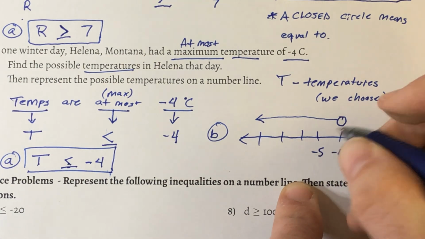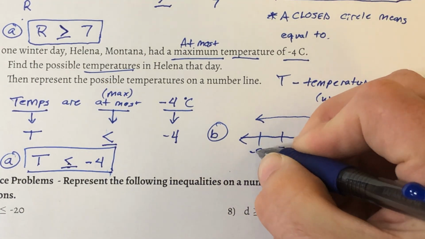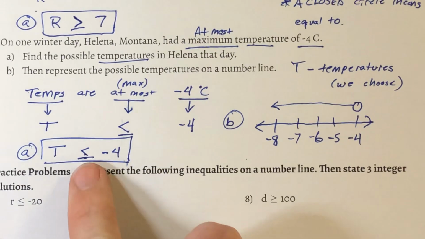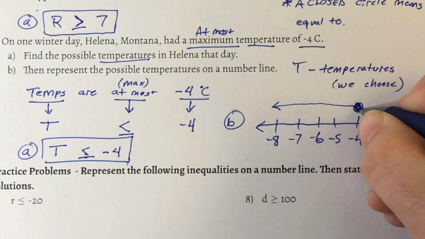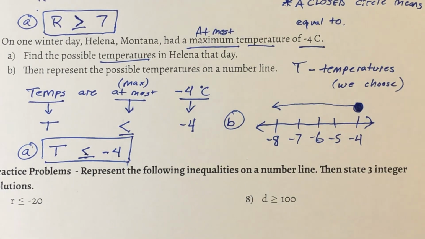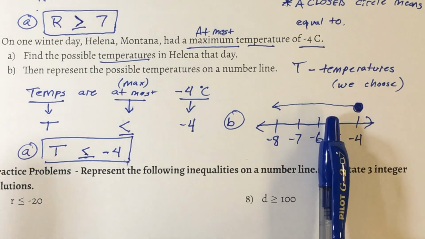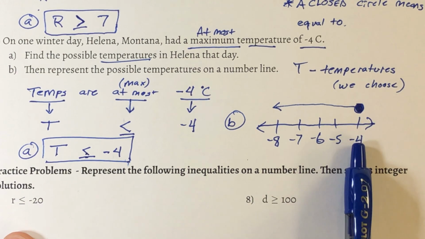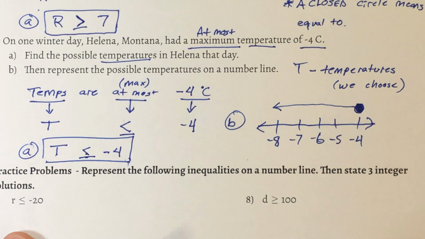Well, -5 is a lot worse, -6 even worse, -7, -8, colder and colder and colder and lower. Last, it's equal to, or could be equal to. So we're going to shade in and make a closed circle. So our number line essentially says the temperatures in that day are going to be -4 or lower.